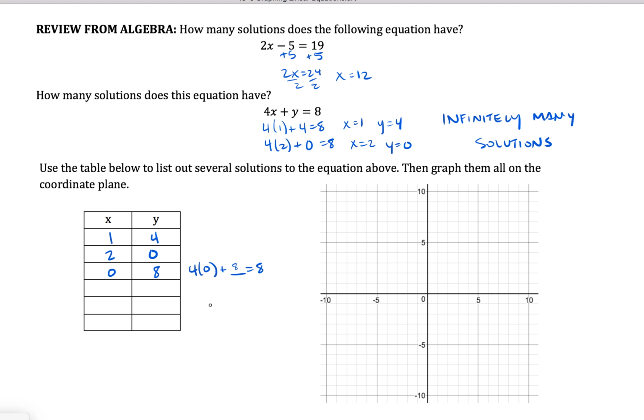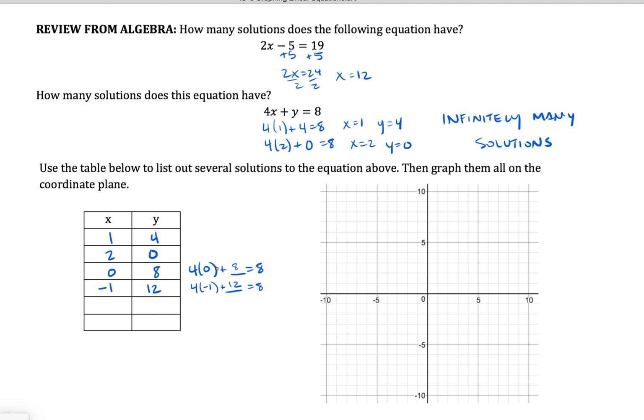I could maybe start using some negative numbers, right? Let's say I put in a negative 1 for x. So I'd have 4 times negative 1 plus something equaling 8. Well, 4 times negative 1 is negative 4. And if I'm going to add something to negative 4 and get 8, I would have to add a 12, right? 12 plus negative 4 would give me 8. So I could have negative 1, 12.